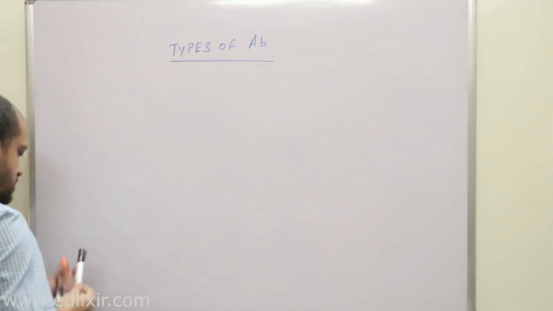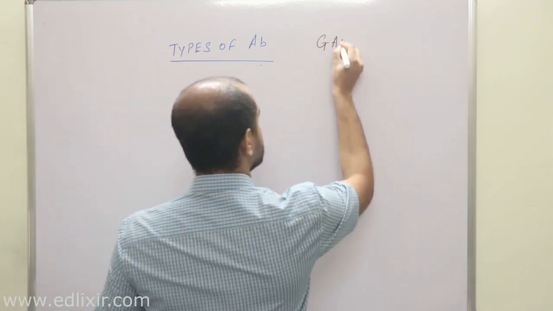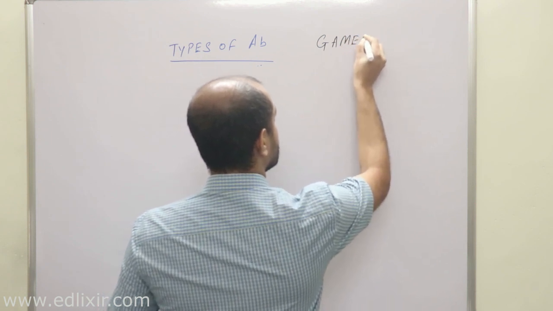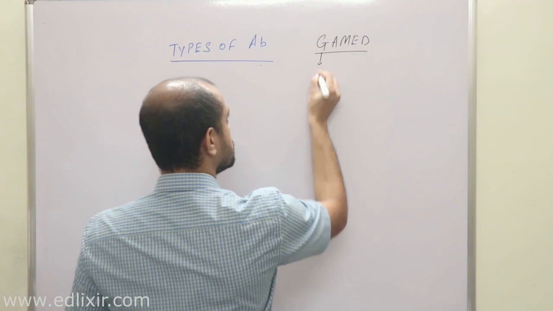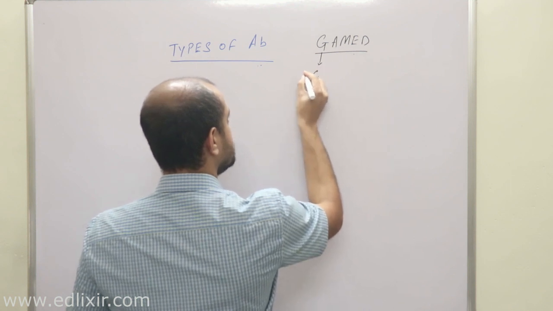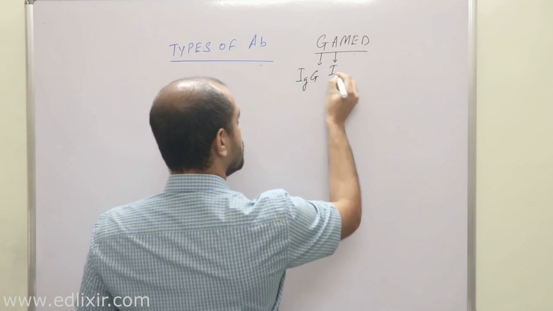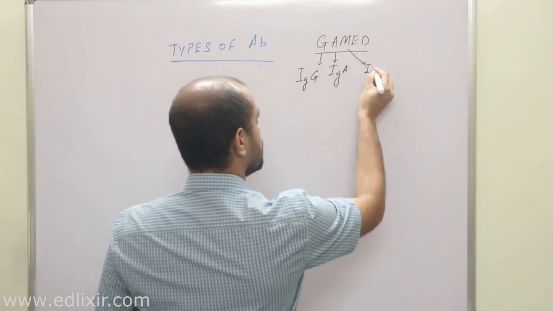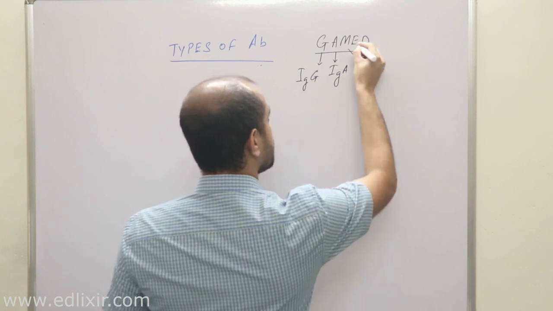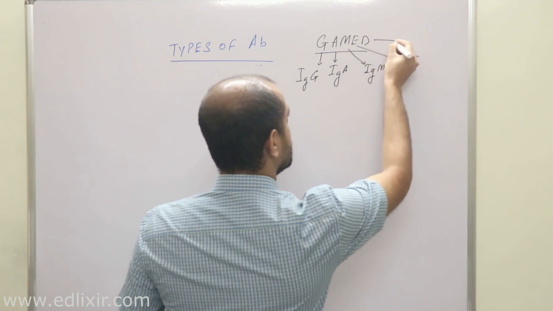You will have to remember this sequence, GAMED. Clear? There are actually 5 types: IgG, IgA, IgM, IgE and IgD.